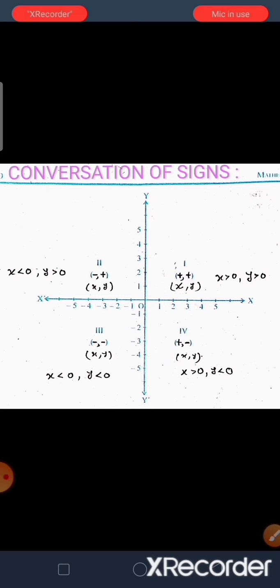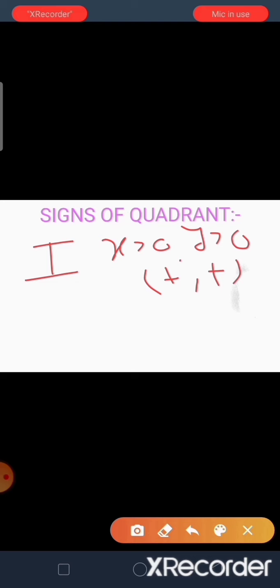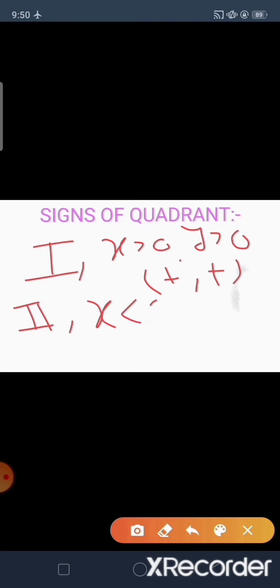So in the Cartesian system, we first locate the sign of the ordered pair. In the first quadrant the value of x is greater than 0 and y is greater than 0, therefore the first quadrant sign is plus, plus. Similarly, in the second quadrant x is less than 0 and y is greater than 0, therefore the sign is minus, plus.